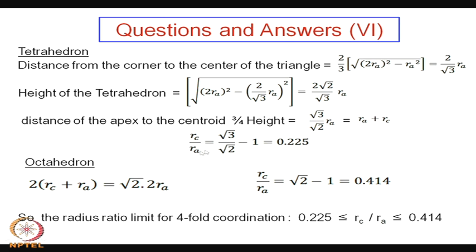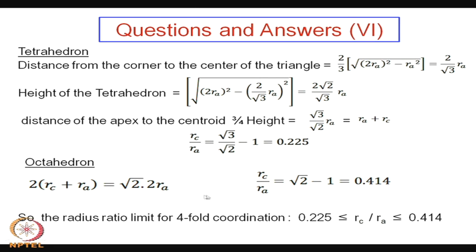Once again looking at these values, we will see RC by RA equal to root 3 by root 2 minus 1, which is nothing but 0.225. So, the critical radius ratio for the tetrahedron is 0.225.